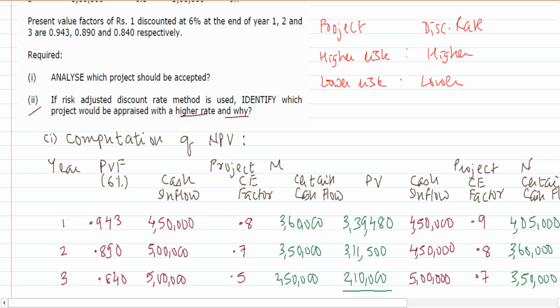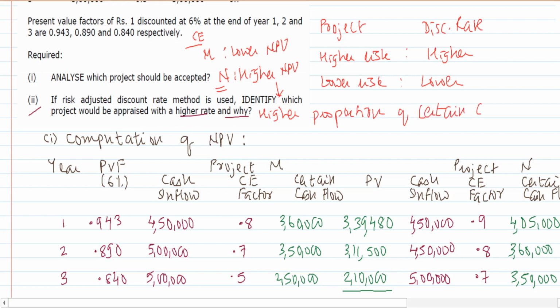Now, when we did the analysis as per the CE approach, project M has lower NPV while project N has higher NPV. Now, why is project N having a higher NPV? It is having higher NPV because it has higher proportion of certain cash flows. When you apply the CE approach, you are discounting certain cash flows.